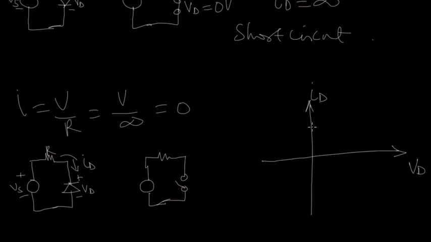In the forward direction, the diode is on and it acts as a short circuit, so the entire current flows through, infinite current. So the plot is going to look like this for the ideal diode in the forward direction. While in the reverse direction, the diode is off and no current flows through. So that's the IV characteristics of the ideal diode.